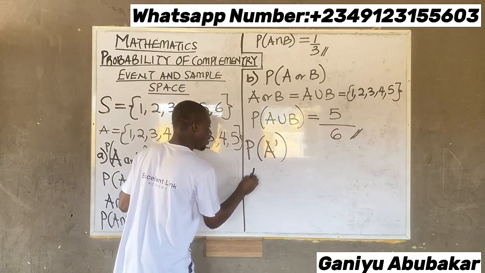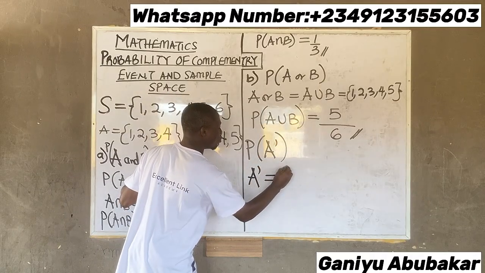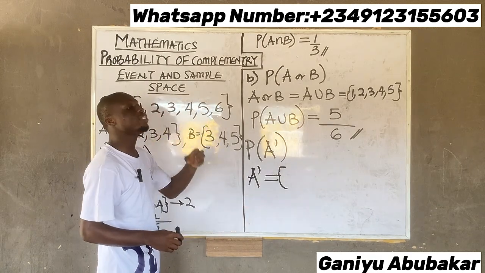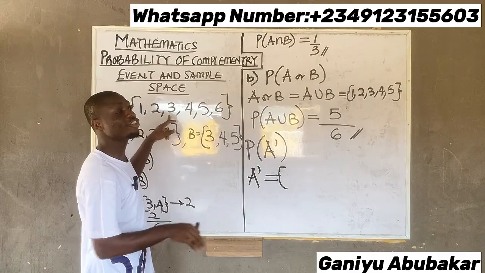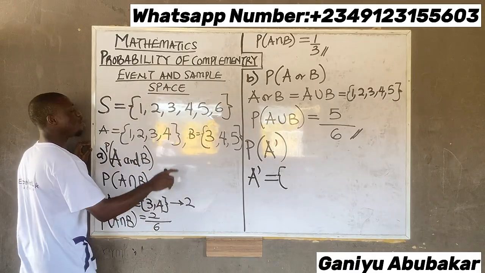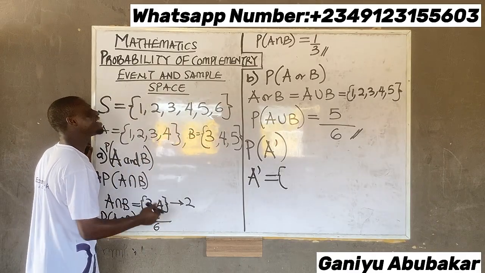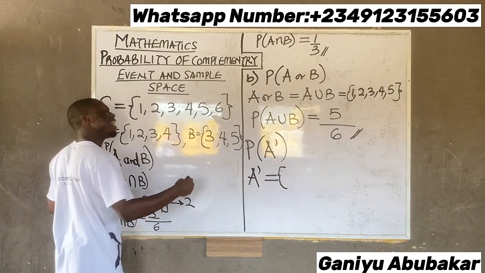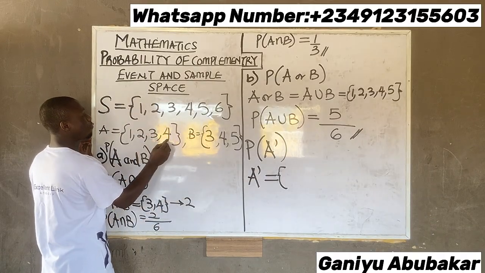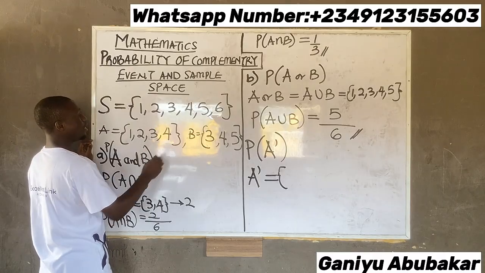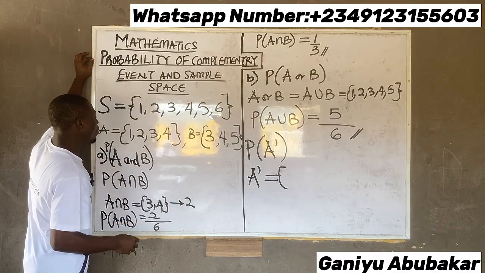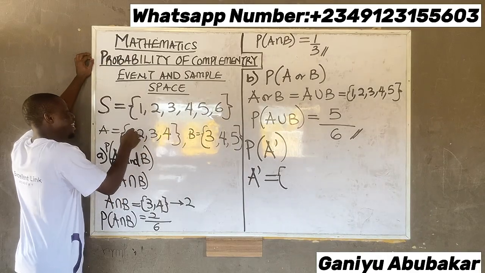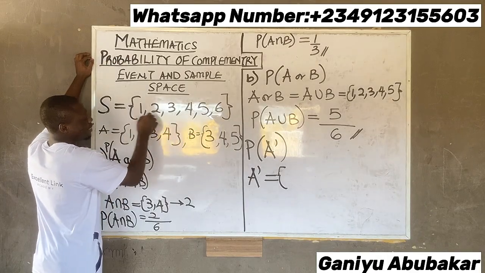What's A complement? A complement simply means give me all the elements in the sample space that are not in A. Write out all the members in the sample space that are not in A. Observe that 1, 2, 3, 4 are in A, and 1, 2, 3, 4, 5, 6 are in the sample space.